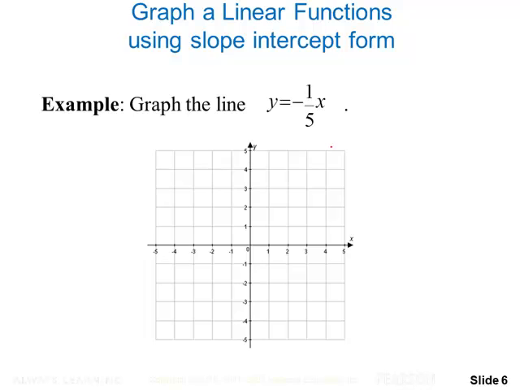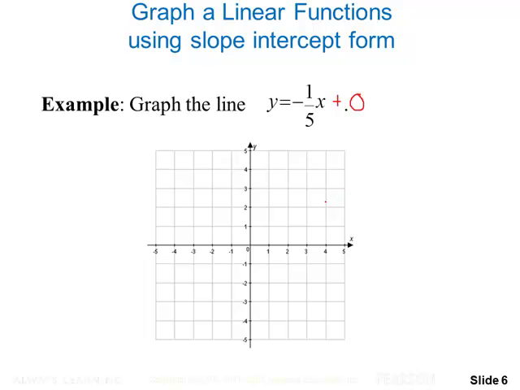In our last example, we're asked to graph y equals -1/5 x. We notice that the equation is in slope-intercept form. y equals -1/5 x is the same as y equals -1/5 x plus 0. And this establishes the fact that our y-intercept is 0.